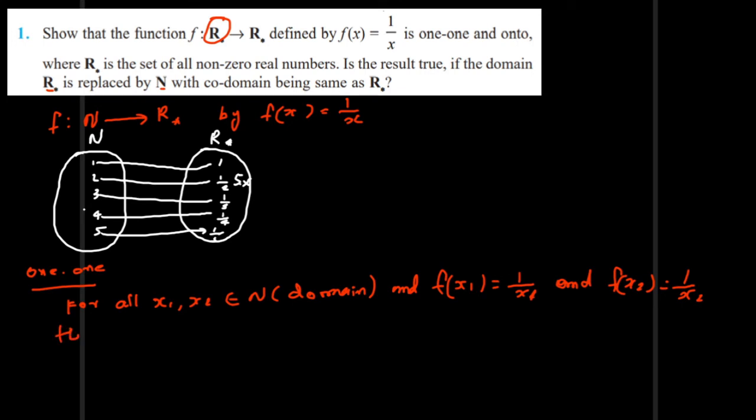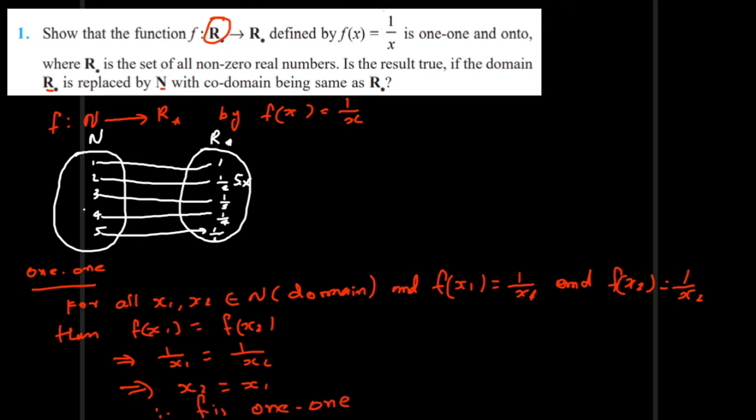Then f of x1 equal to f of x2 implies 1 by x1 is equal to 1 by x2. This implies, cross multiplying, x2 equal to x1. Therefore f is 1-1 or injective function. Okay, injective function. Clear?